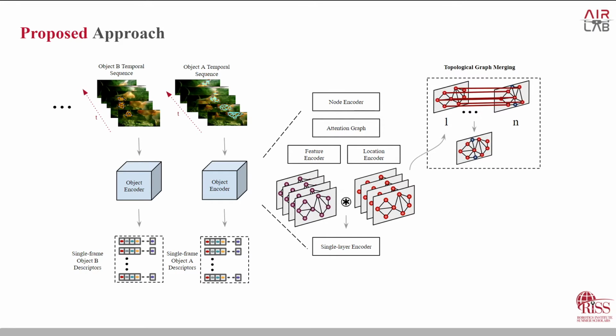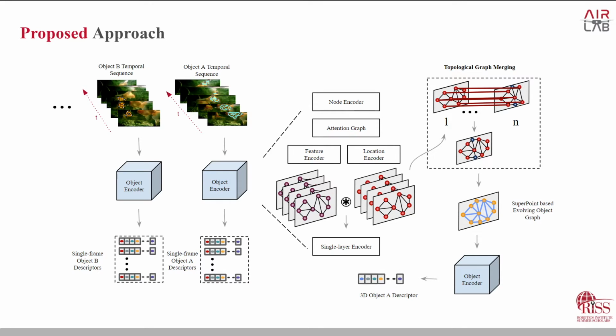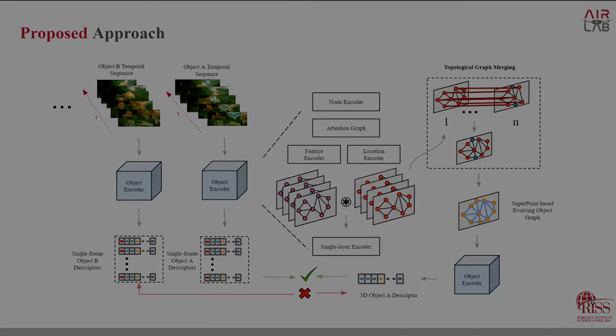We leverage the location features to perform topological graph merging across various frames to build an evolving graph. We then reconstruct a superpoint based evolving graph which is input to the object encoder to get the 3D object descriptor. This 3D object descriptor can be compared with other 3D object descriptors or single frame descriptors for robust matching.